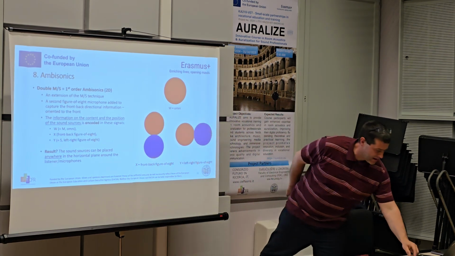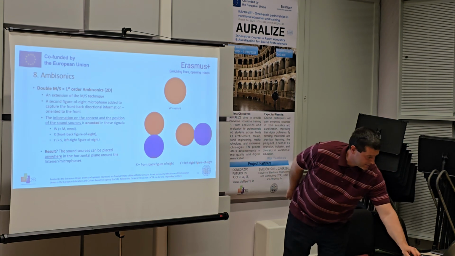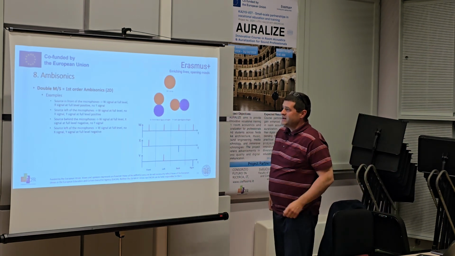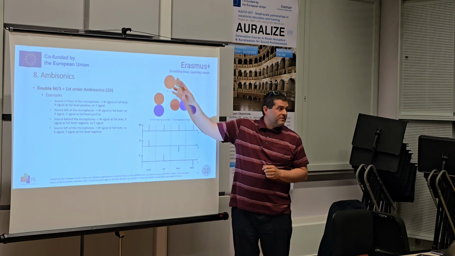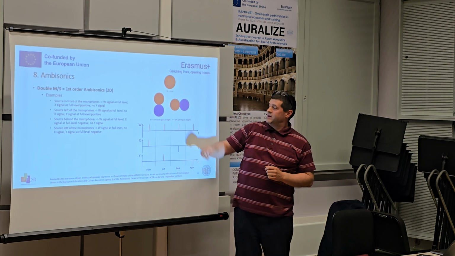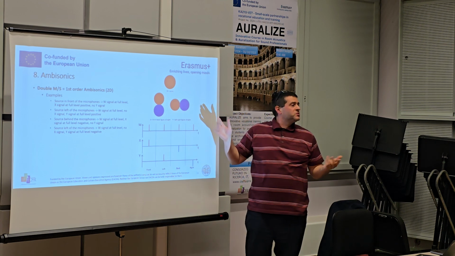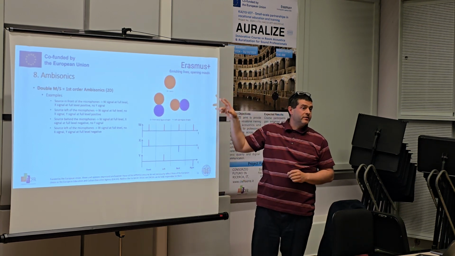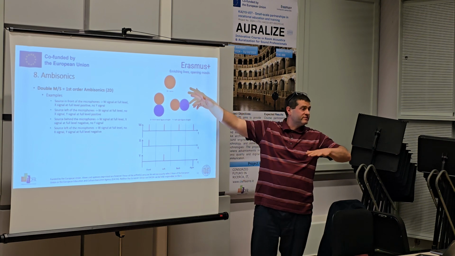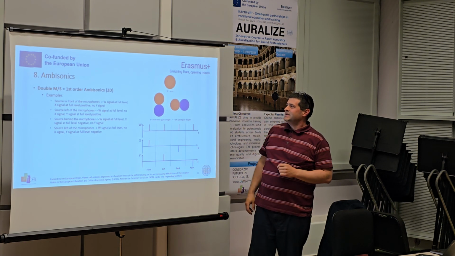Let me give you an example of that. So imagine this. You have your Omni, and let's say you have 4 positions of your sources: front, left, back, right. Let's say we are looking from above, for simplicity.